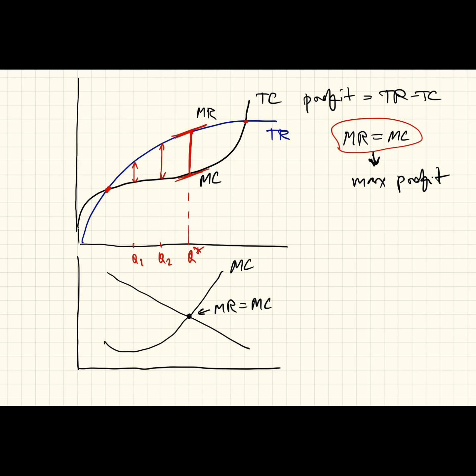So why is that the case? What's the meaning of this marginal revenue equals marginal cost thing?